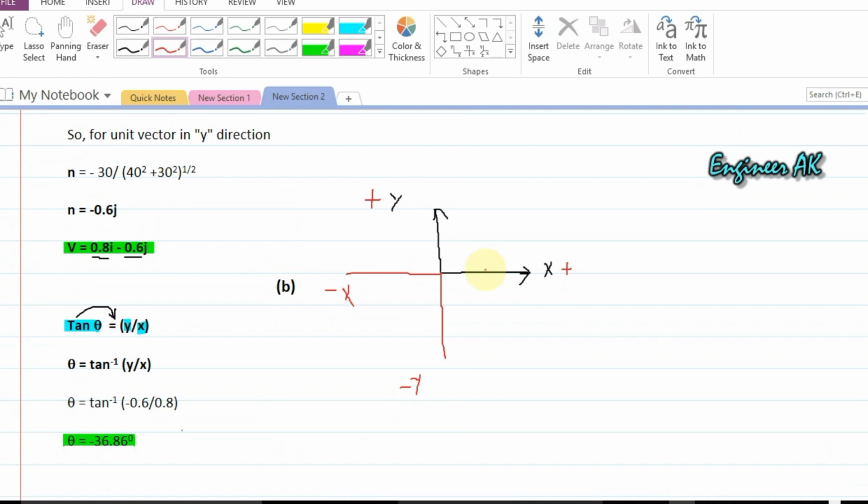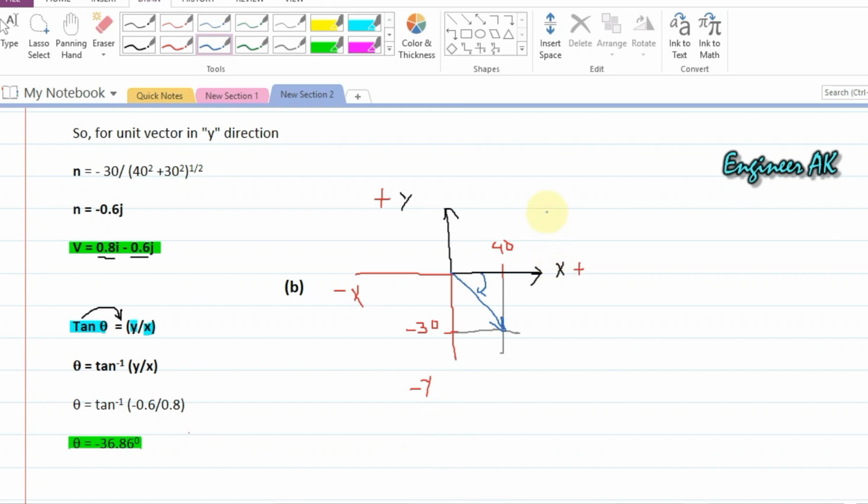So 36.86 is this angle, which is in the clockwise direction, and we take clockwise direction as negative.